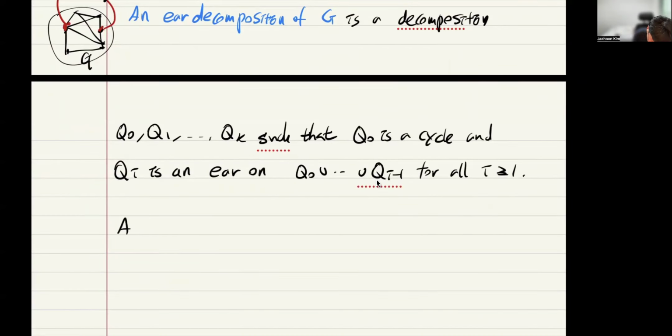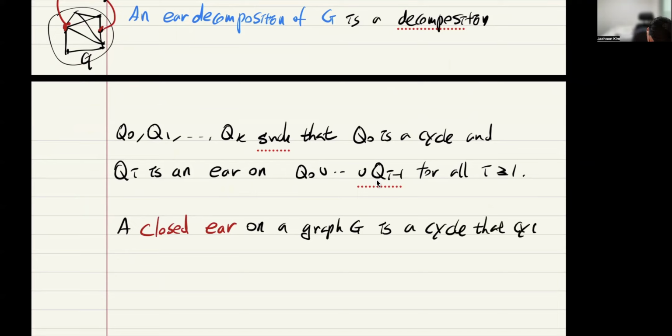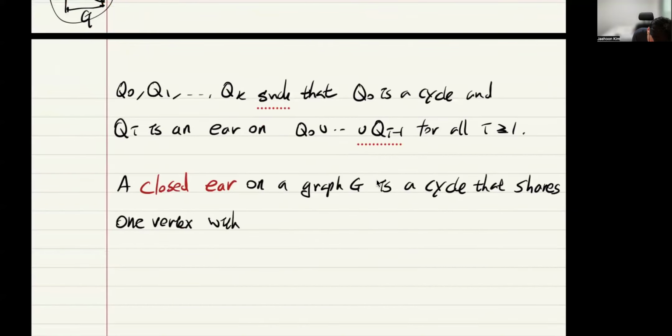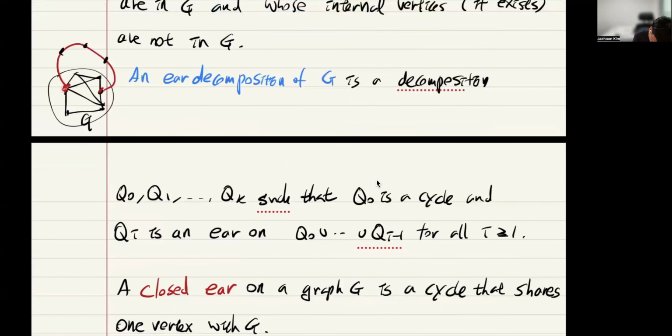And we define one more concept of closed ear on a graph G is a cycle that shares one vertex with G. So it's the case where the two endpoints are the same one.